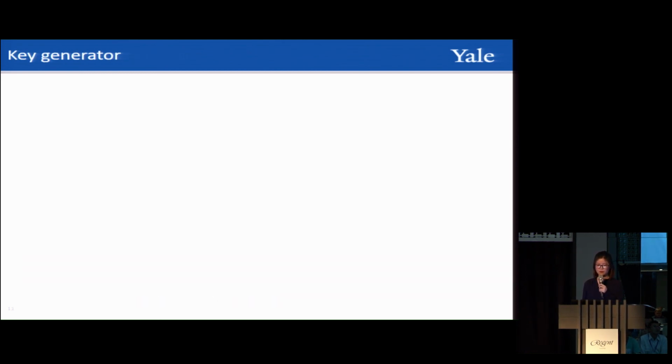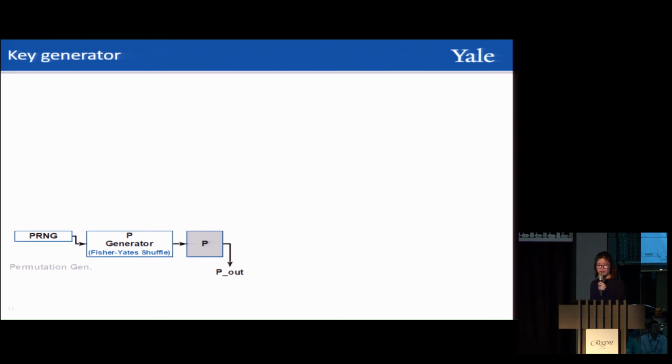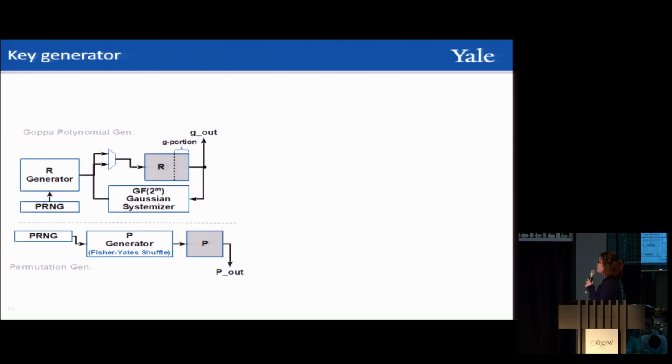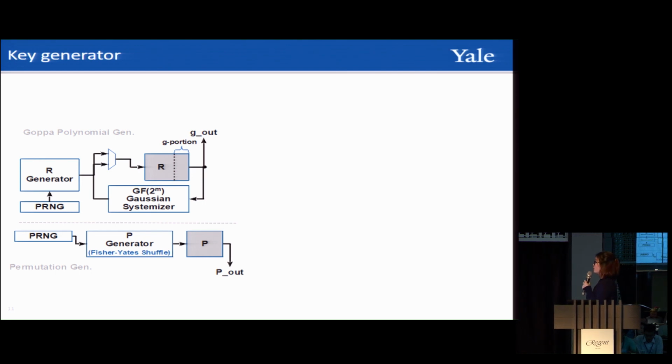So now let's take a look at how we actually combined these modules to generate our secret key and public key. So first, we used the Fisher-Yates shuffle to generate the code locator. And then we used the minimal polynomial method, which got all the coefficients by solving linear equations. And we used the GF2 to the 13 Gaussian system method for doing this.